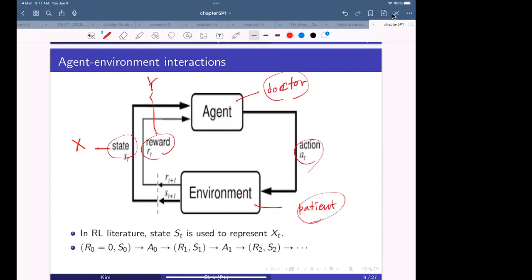State is an auxiliary variable, while reward is specific to what we want to optimize, right? We want to optimize the expected reward.